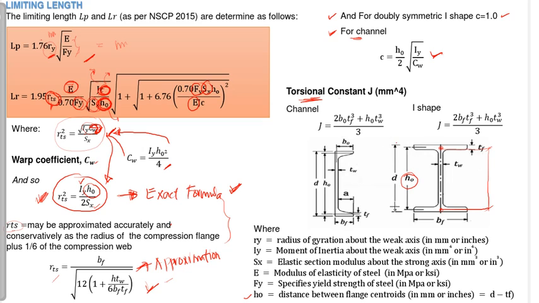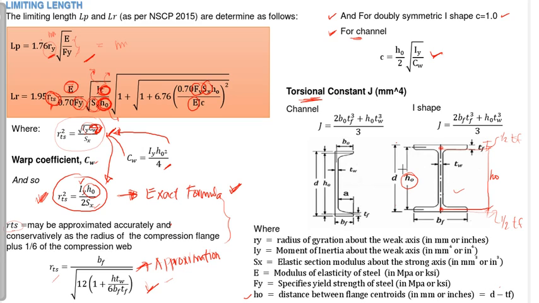This is D. The top is 1/2 of TF, and the bottom is 1/2 of TF, because the centroid is at 1/2 of TF, right? So this is our HO. That is why it is D minus TF: half here at the bottom and half here at the top make one TF. So our HO is the distance between flange centroids, equal to D minus TF.